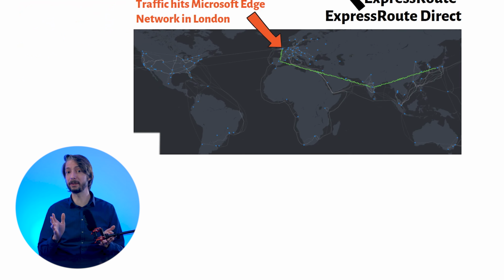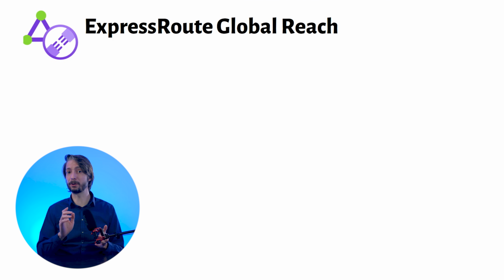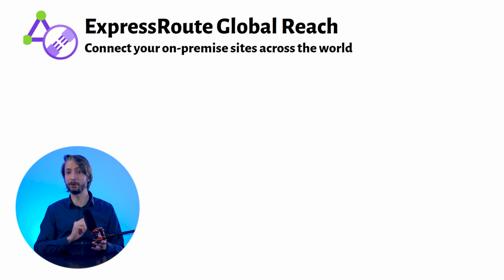ExpressRoute Global Reach is designed to complement the service provider's WAN implementation and connect your on-premises sites across the world. If you run a global operation, you can use ExpressRoute Global Reach in conjunction with your preferred and local service providers to connect all your global sites using the Microsoft Global Network.